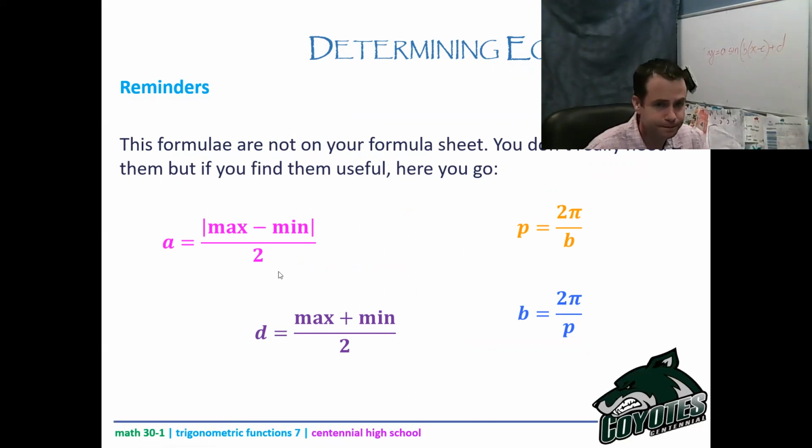Again, this A and D, I'm not a big fan of actually using the formulas. I'd rather you draw yourself a little picture and then just count out. But that's how you find A and D from a formula perspective. And then the relationship between your period and B has been written over here. Your period is 2 pi divided by B, or B is 2 pi divided by your period.